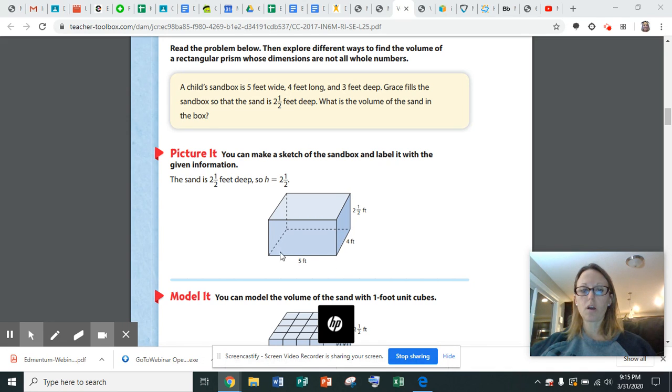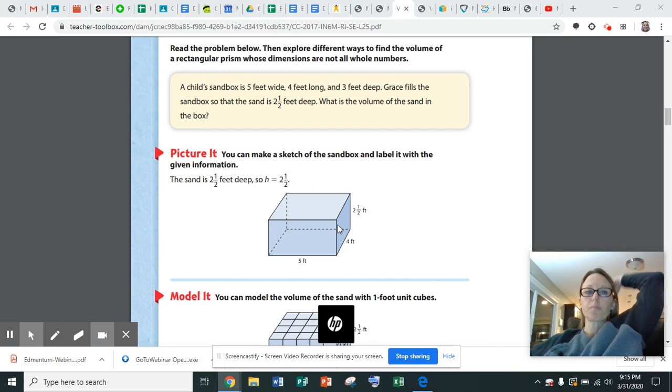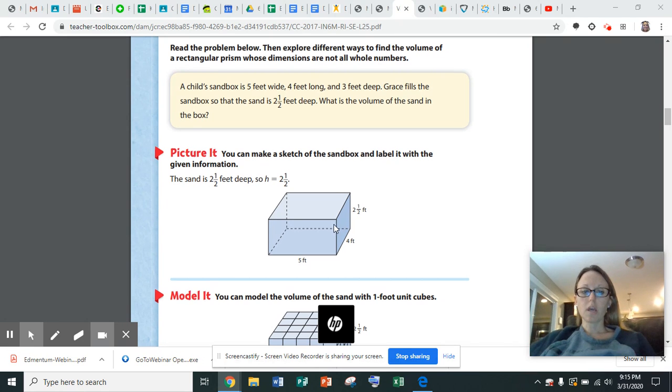It's 4 feet long and 5 feet wide. Okay, so we know that the volume formula is to multiply the length times the width times the height. So we're exploring different ways to find the volume of a rectangular prism whose dimensions are not all whole numbers. So we're going to have fractions.